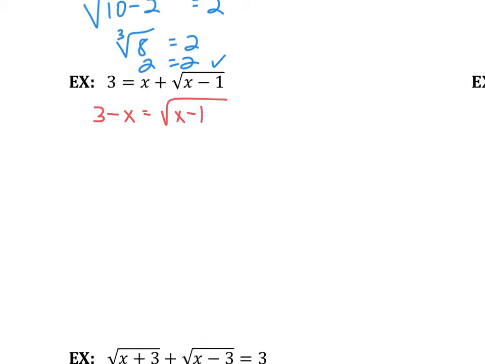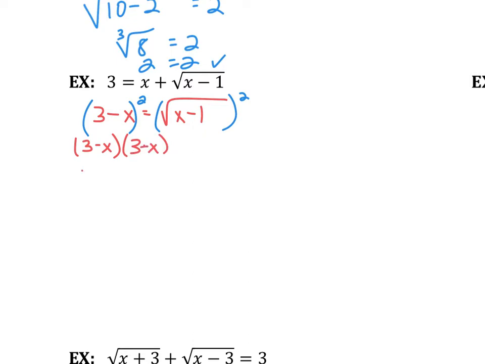So now in this case, I'm going to square both sides of the equation since I have a square root. To undo that, I'm going to square both sides, and if I do that, I get the following. Remember right here that you have a binomial that you are squaring, so make sure you FOIL that out.